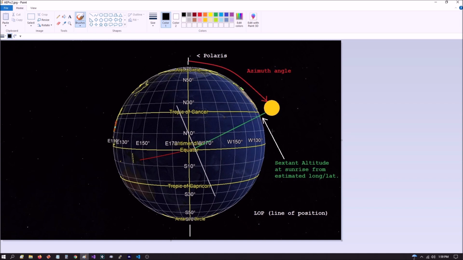Now, the altitude I explained. The azimuth is the angle from the north and south poles, and it too is measured clockwise. So you would not use the sextant. You calculate the azimuth using the information that you have on the charts of where the object is expected to be from your point of reference.